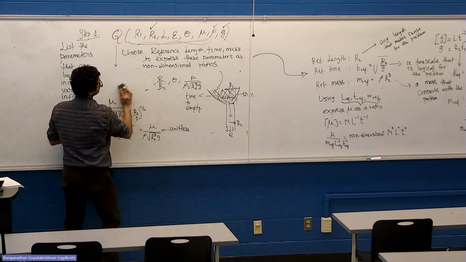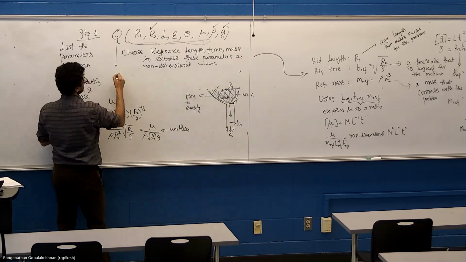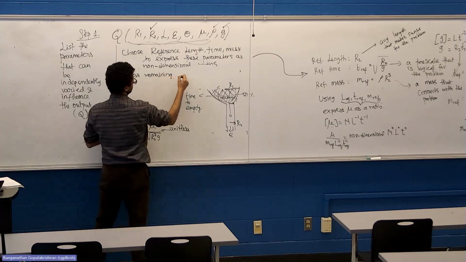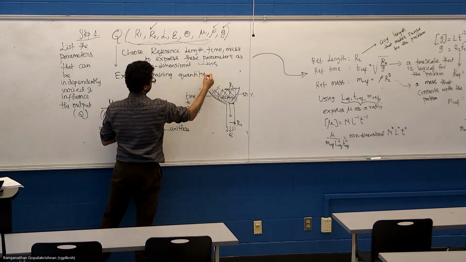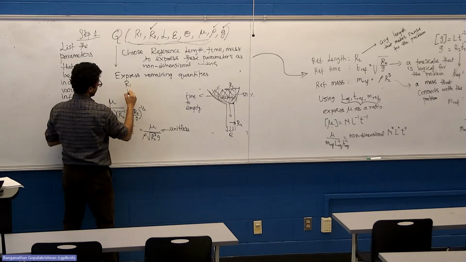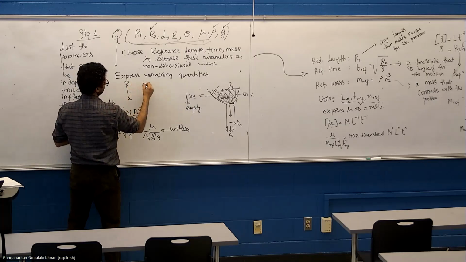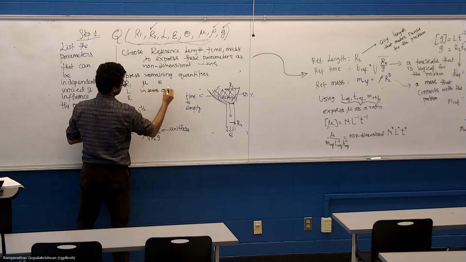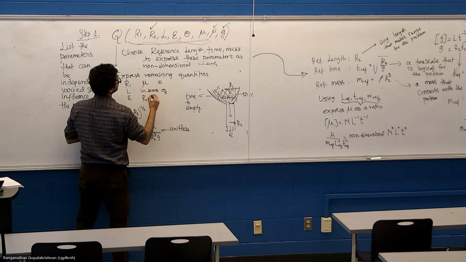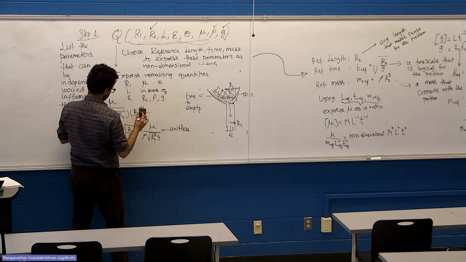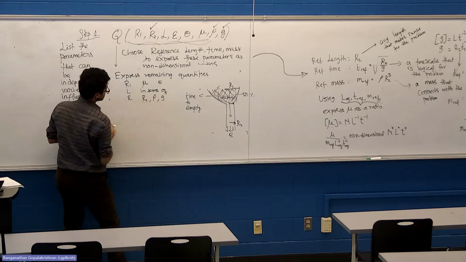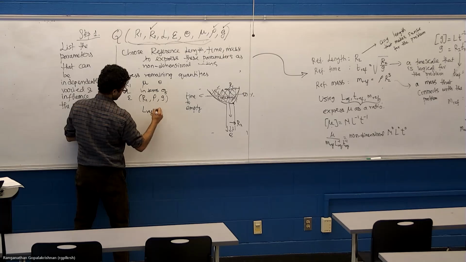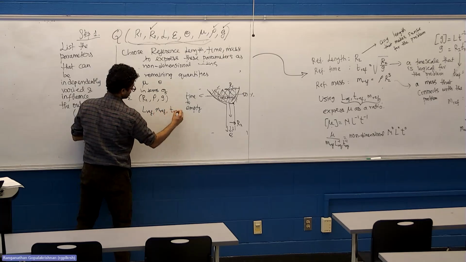Now what you do is express the remaining quantities, which in our case includes R1, L, epsilon, mu, and theta, in terms of R2, rho, and G, or to remember it, I always think of it as in terms of L ref, M ref, and T ref.